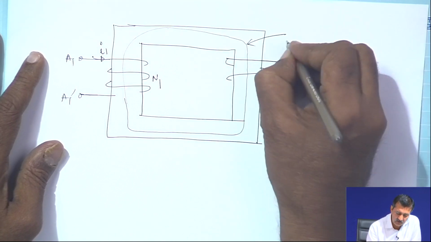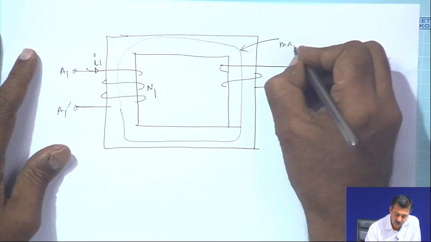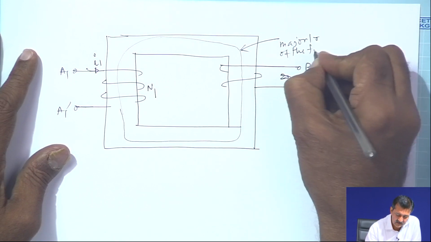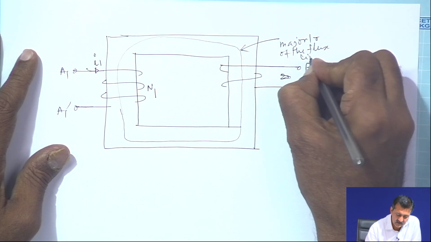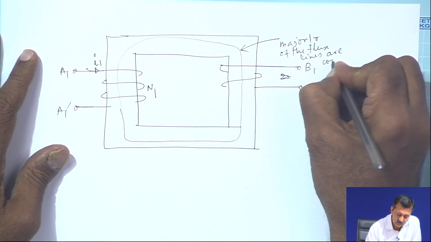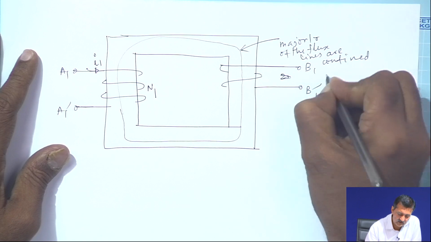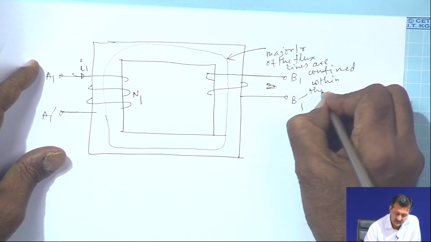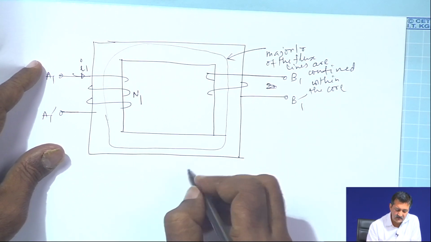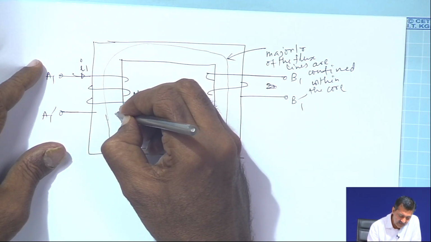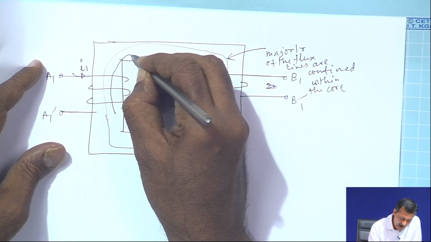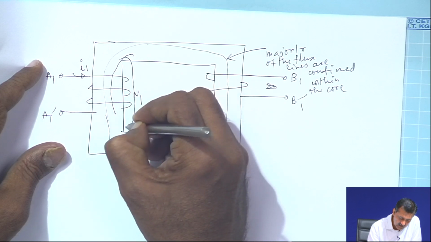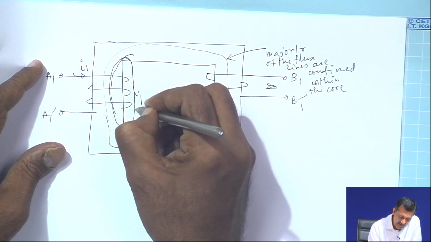The majority of the flux lines are confined within the core, that is true. But some lines, as you can see, link the primary but do not go through the core; they prefer a path through the air.